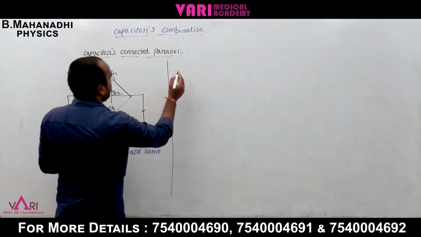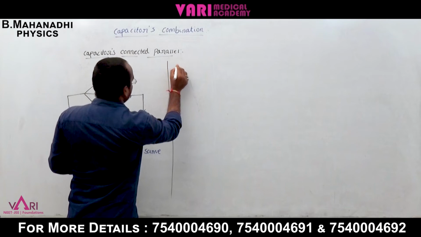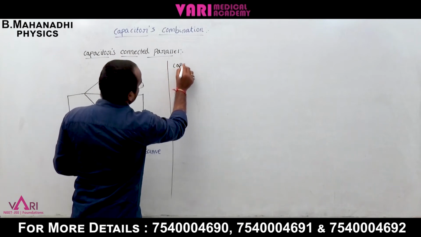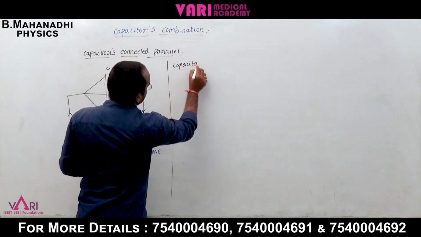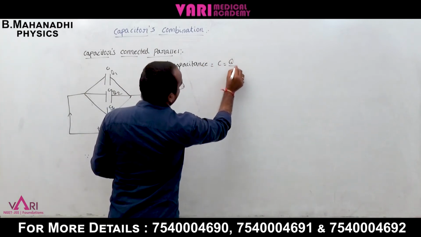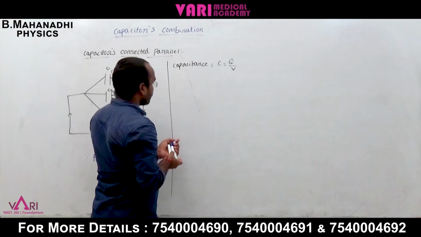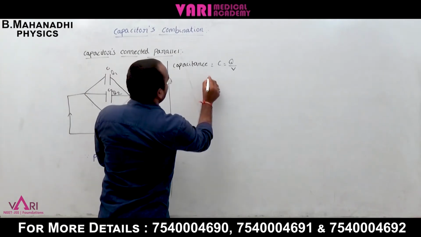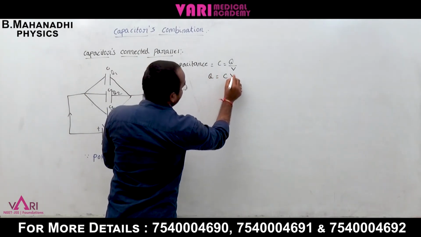Now, the capacitance general formula: C equal to Q by V, so Q equal to CV.